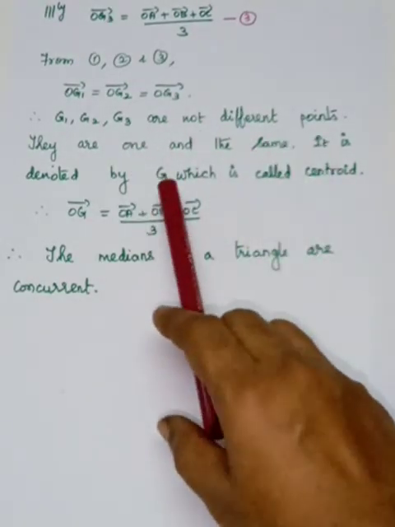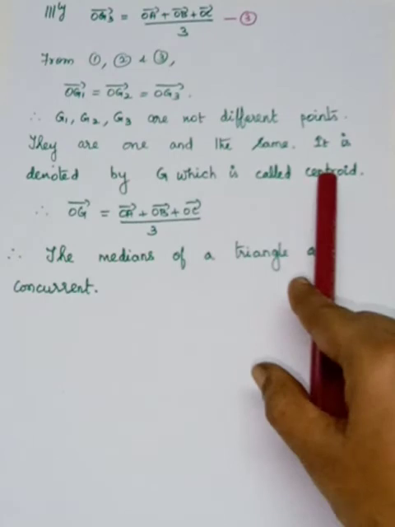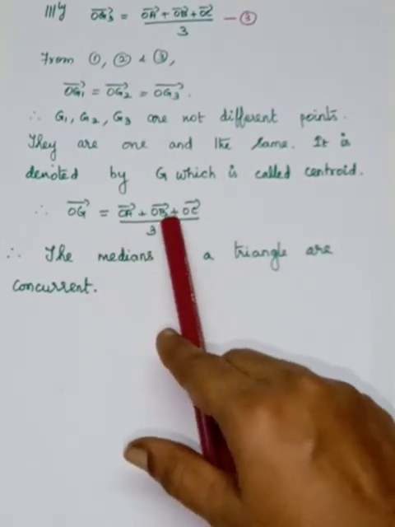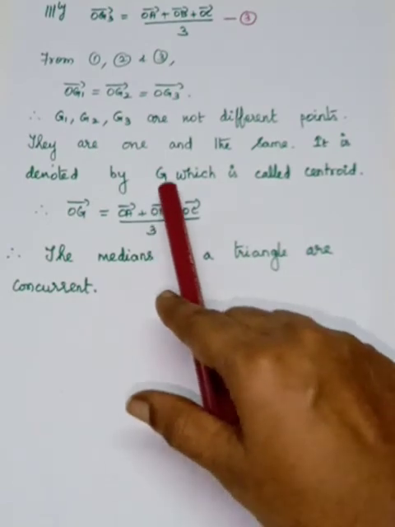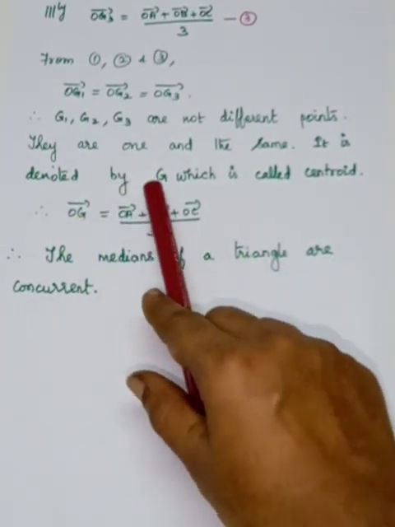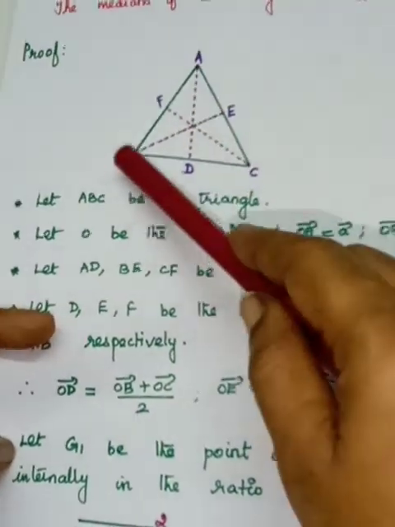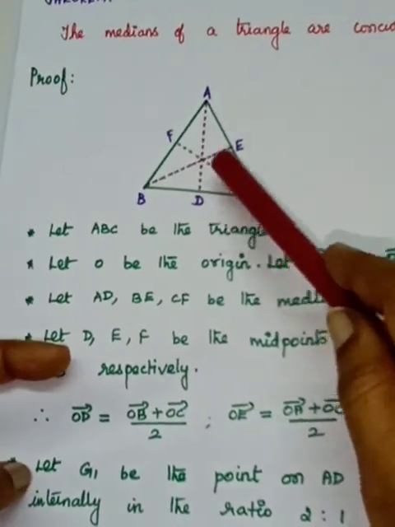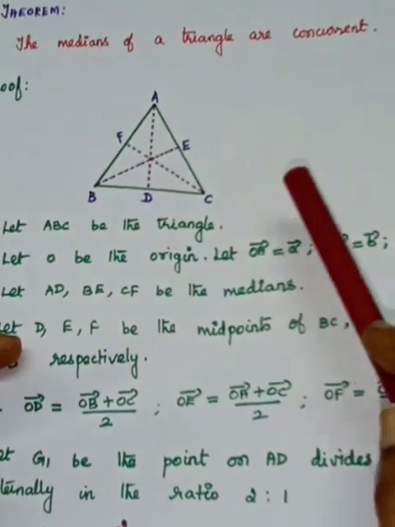And it is denoted by G, which is called the centroid. So the OG vector is equal to OA vector plus OB vector plus OC vector by 3. They are not 3 points, they are one and the same. It is denoted as G, which means all the medians pass through the same point. So therefore the medians of a triangle are concurrent.